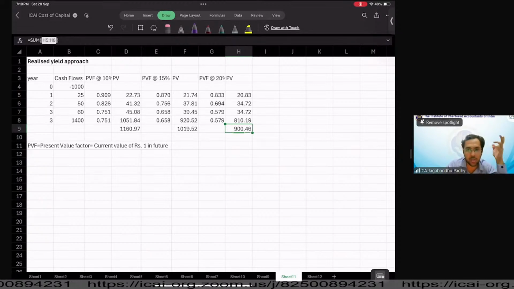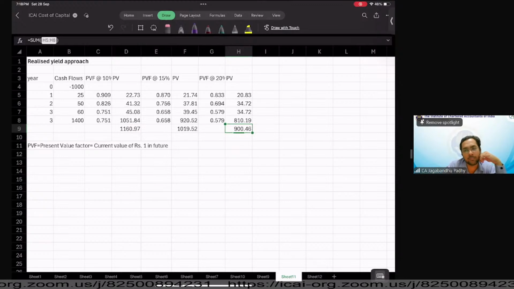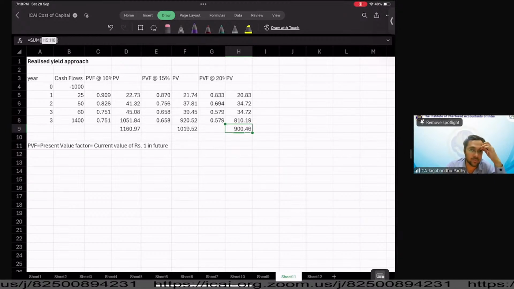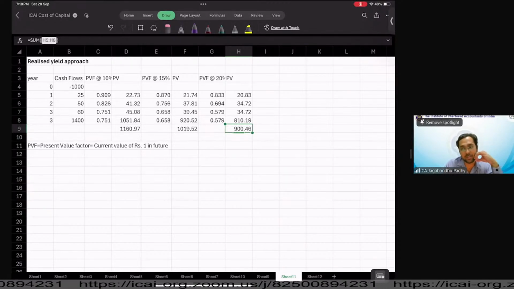If you are just going to hold it, how would you calculate the realized yield? But sir, in illustration 11 of the study material, the price is given and the dividend is given. So that's a different approach. That's in the realized yield approach. There you have to take the geometric mean. That's not covered yet. That concept will be covered in a separate chapter. Then you will understand.